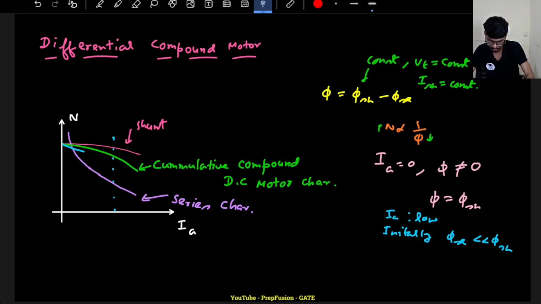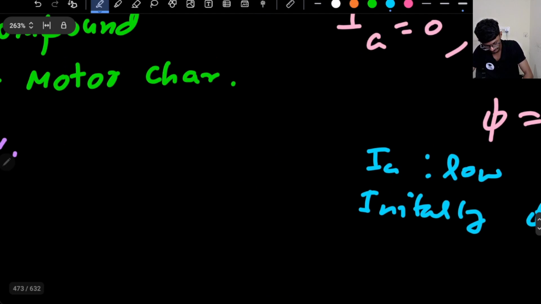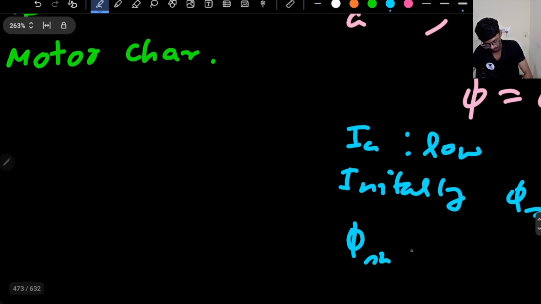There is another relationship: speed is equal to Vt minus Ia Ra, divided by phi. What happens if the load is increasing? There is very little change initially.